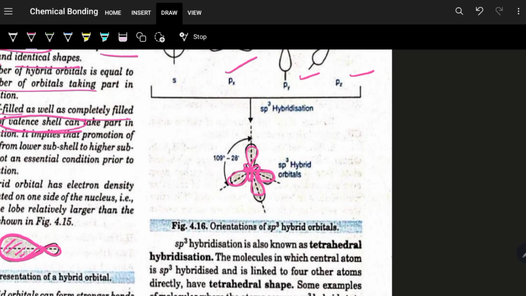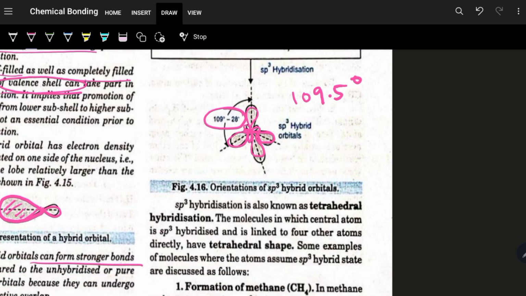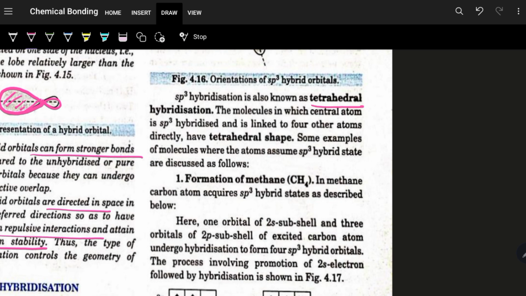So these 4 set of hybrid orbital orient in space in such a manner in order to experience minimum repulsive interaction. And so the bond angle is 109 degree 28 minutes or 109.5 degree.